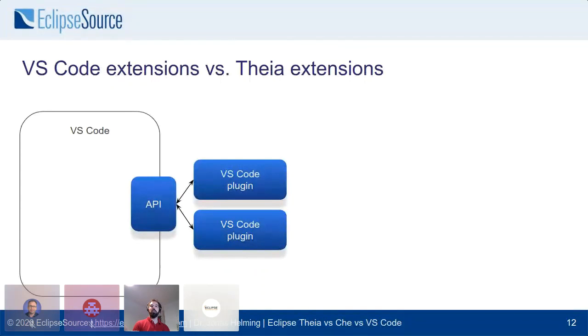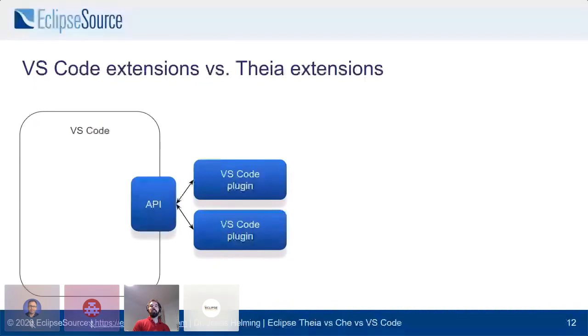So you can add menu entries, you can hook into events, like for example on file save. You can add compilers, you can add language servers to add support for new languages. You can add new views. All those extension use cases that you probably want in a code editor are provided by this API.